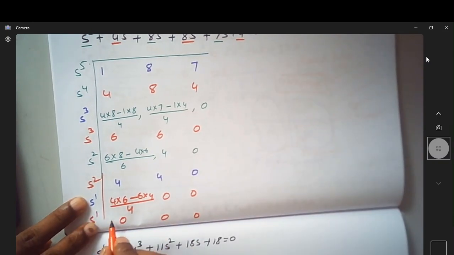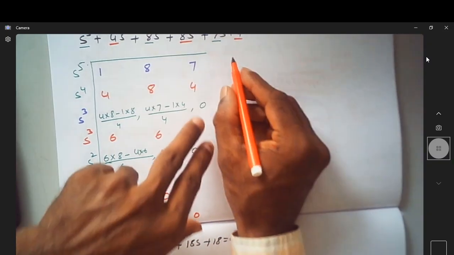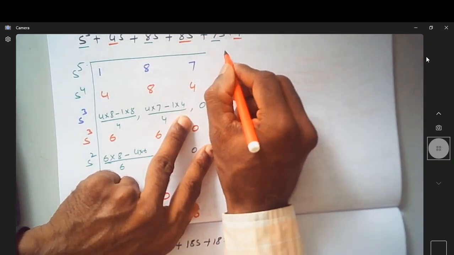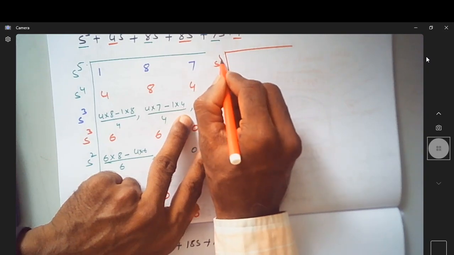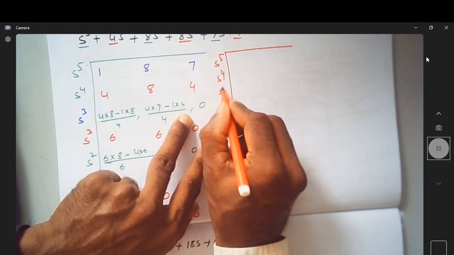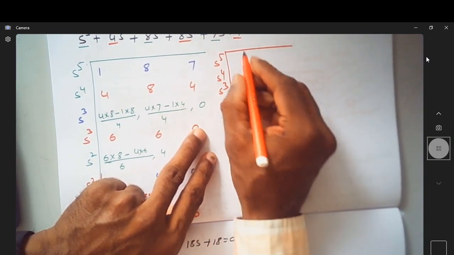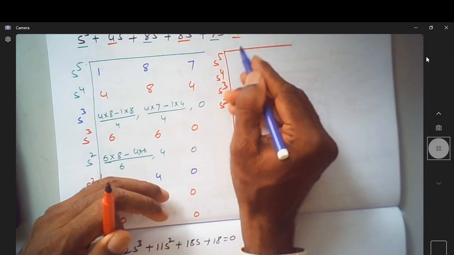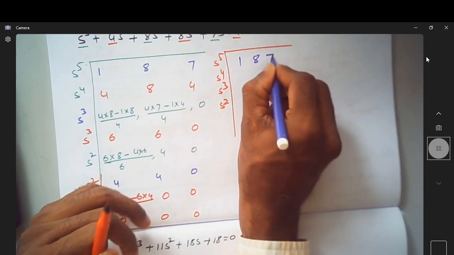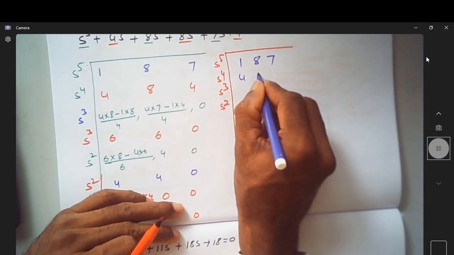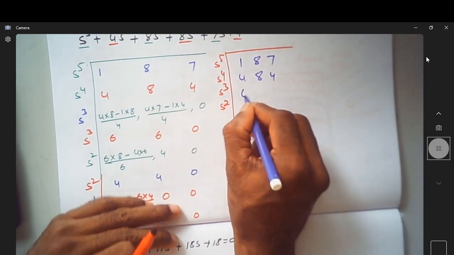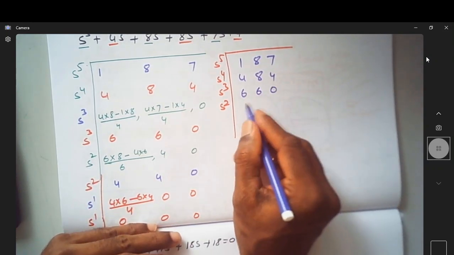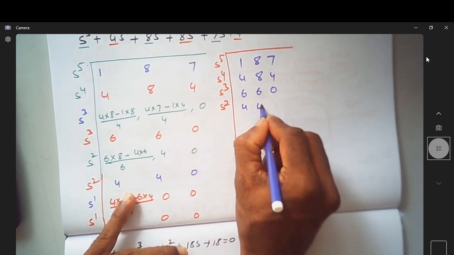So this is a special case. Let me rewrite this. It is s power 5, s power 4, s power 3, s power 2: 1, 8, 7; 4, 8, 4; 6, 6, 0; 4, 4, 0.